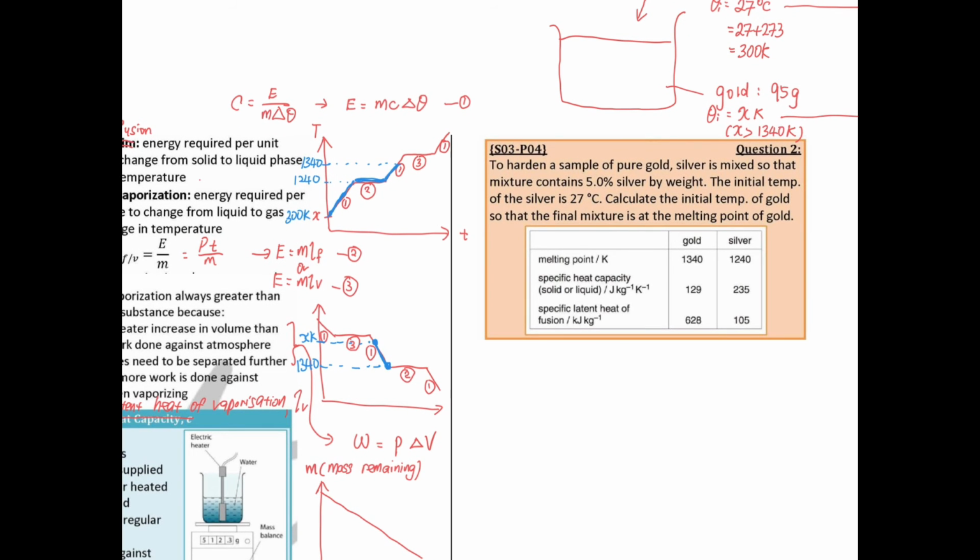We want to look for X. Okay, so let's separate it into 2 parts: for the gold, for the silver.